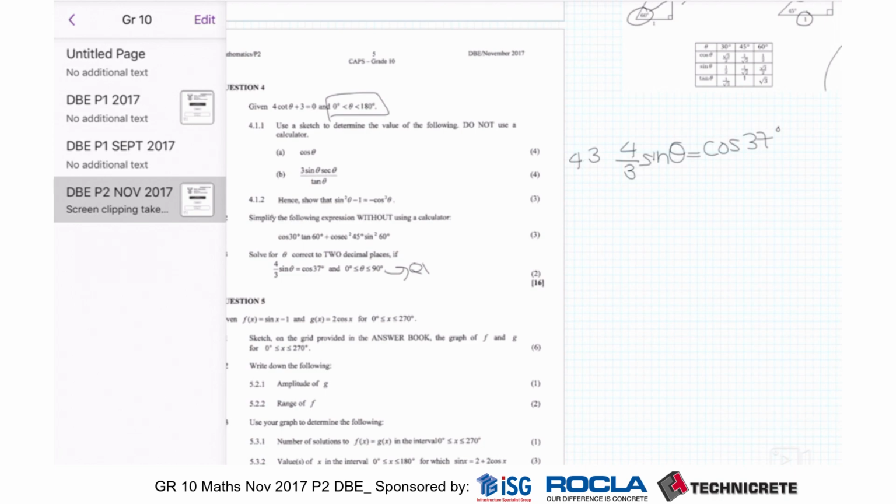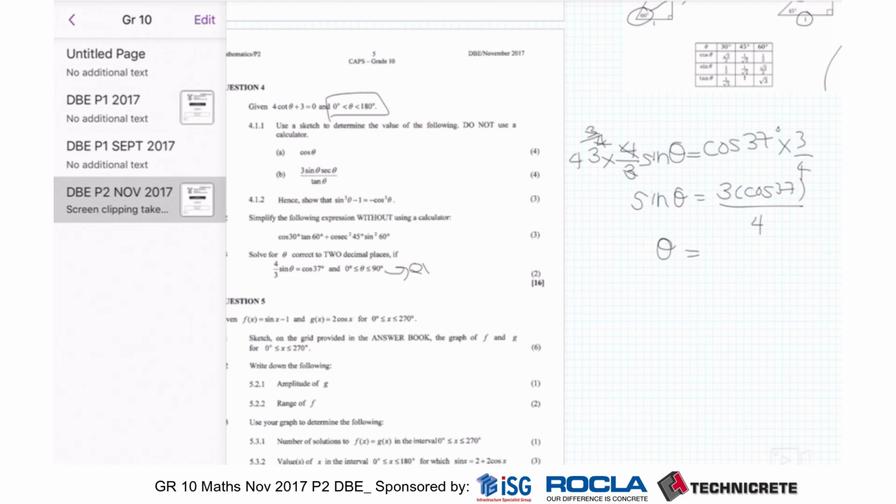So I'm going to times by 1 over 4 on both sides. This side is going to get rid of it. I'm going to get sine theta is equal to 3 cos 37 over 4. Shift sine and solve for it.